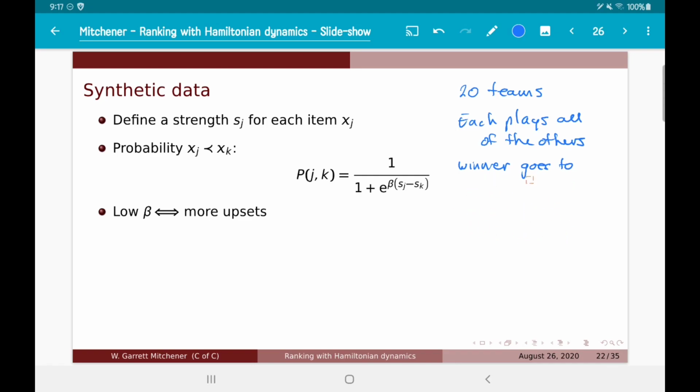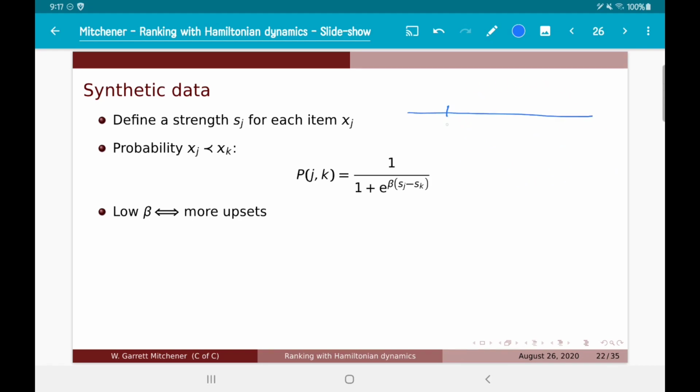So here's how I set that up. Each of the 20 teams has an underlying strength that's a real number on the real line. And this represents a sort of ground truth. Then, to play the tournament, I pick two teams, J and K, and the outcome of the tournament is determined by this number.